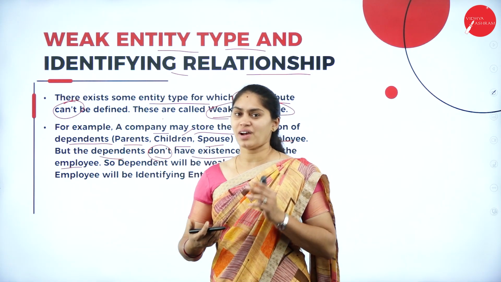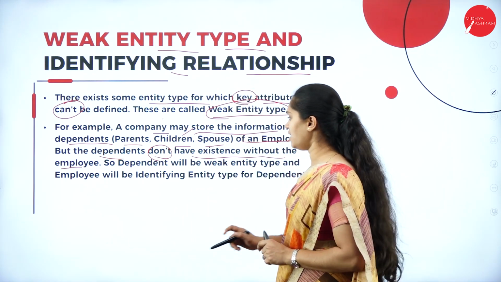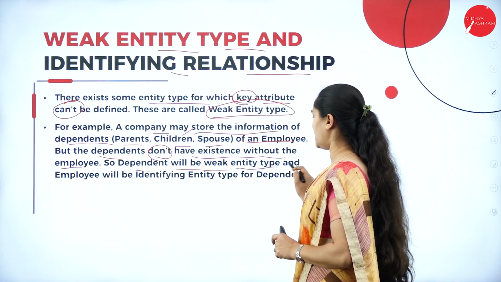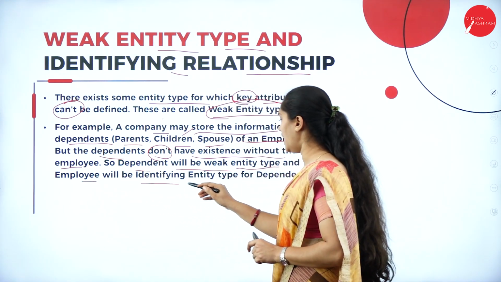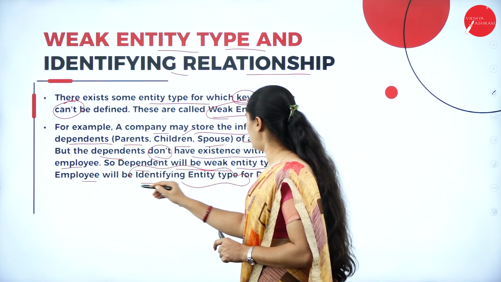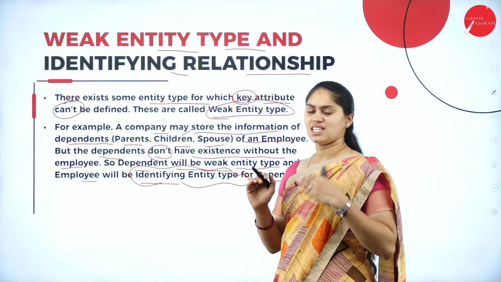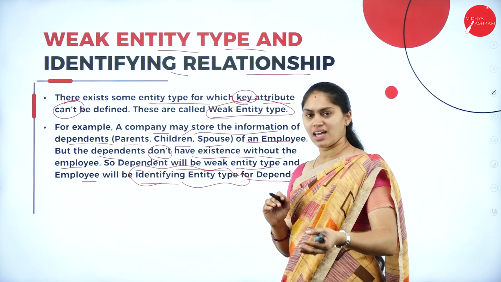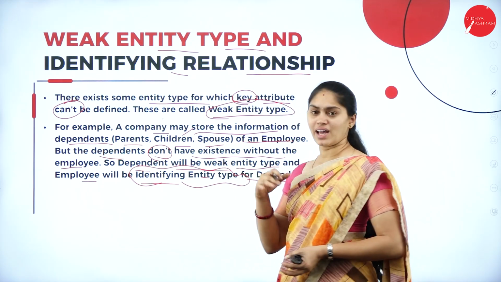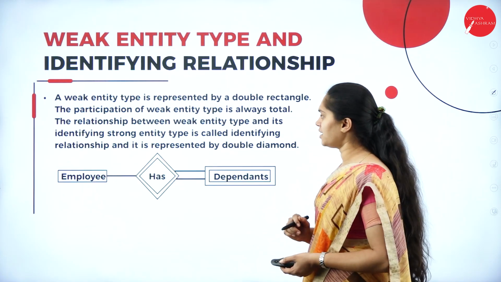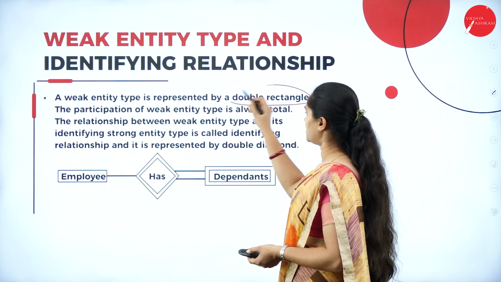Children can be identified with their parent. So the dependent will be the weak entity type and the employee will be the identifying entity type for the dependent. Identifying entity types specify the strong entity that has its key attribute. With the help of this, we are identifying a weak entity. Here you can see how we represent this weak entity.